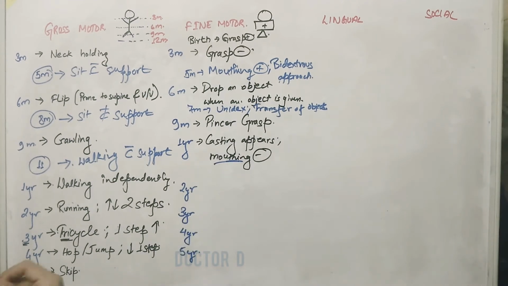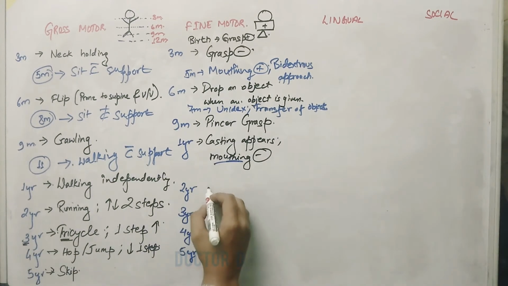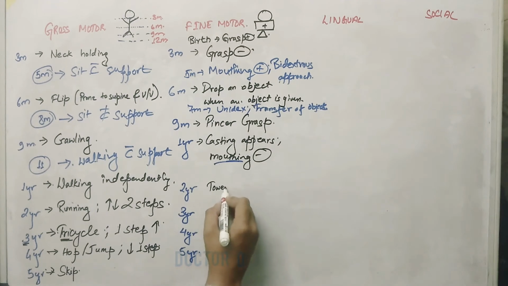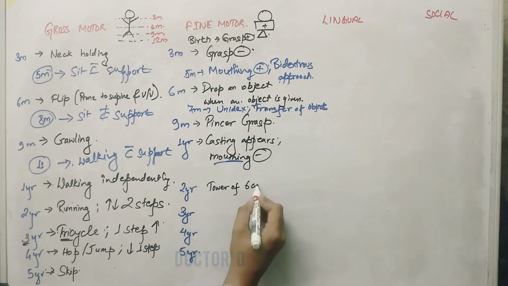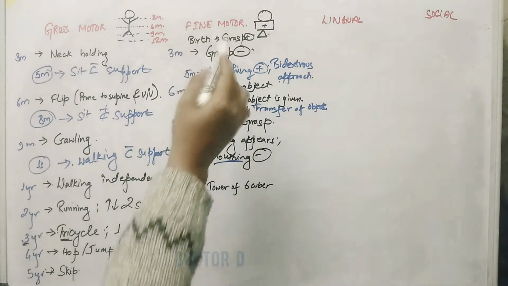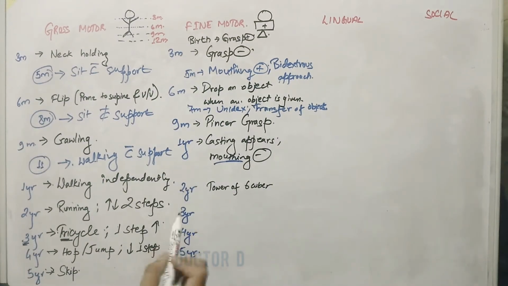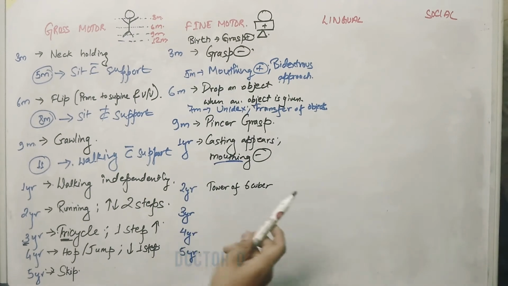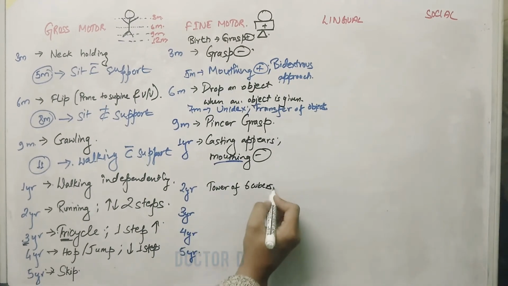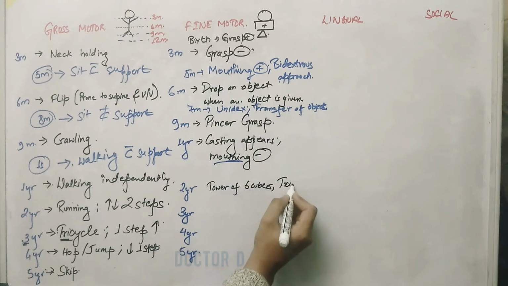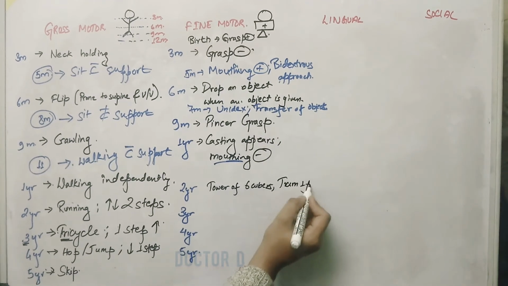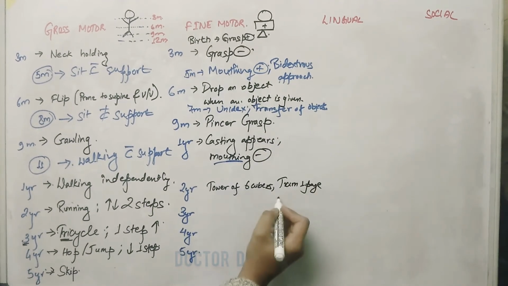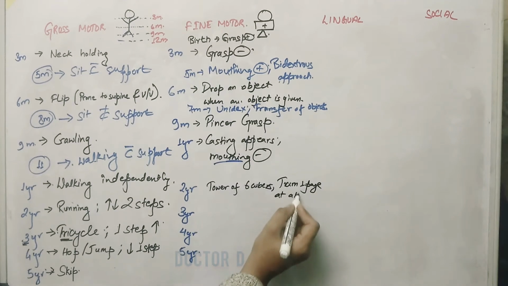Now let's move on to 2 years. At 2 years, the child will make a tower of 6 cubes. So his fine motor responses are improving a lot. Tower of 6 cubes, and also he can turn 1 page at a time.